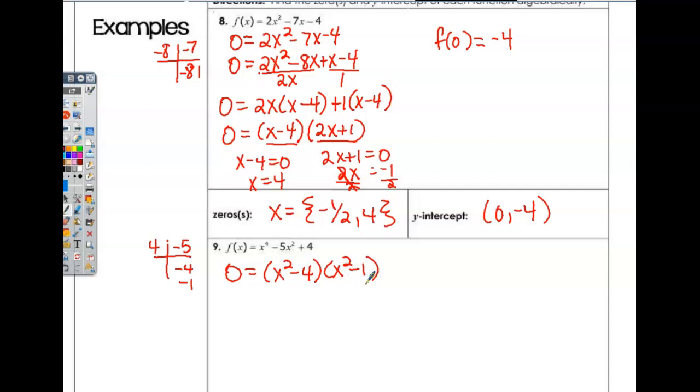Can I do that? Again, there's no leading coefficient. So now I'm going to set this equal to 0 and this equal to 0. And these are perfect squares.